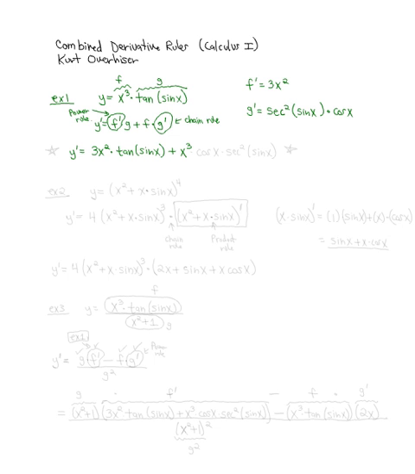And g prime of x is cosine of x times secant squared of the sine of x. I just rearranged the factors and put the cosine out in front. And there's really no simplification that we can do here. So we're done. This is the derivative.